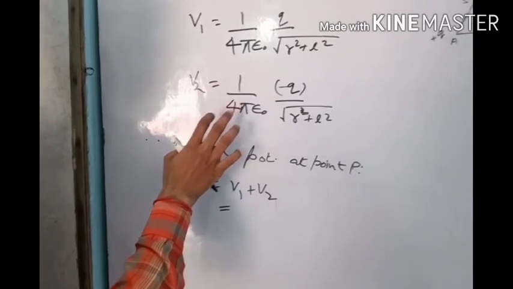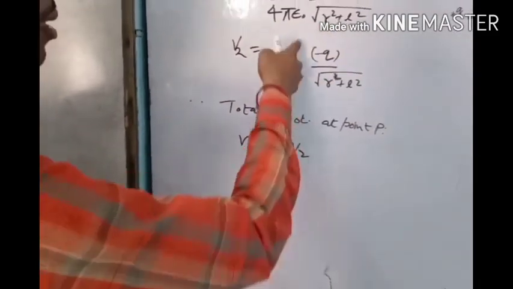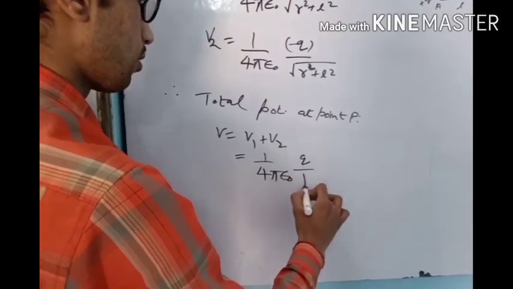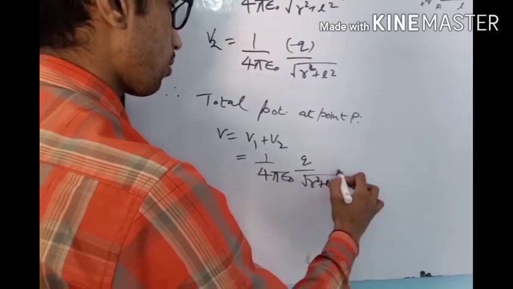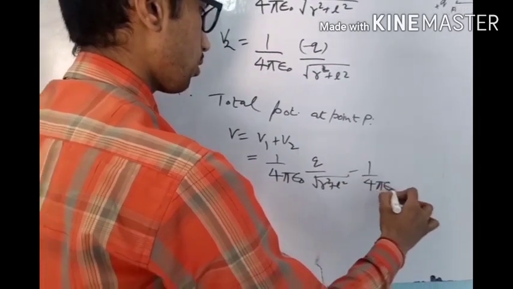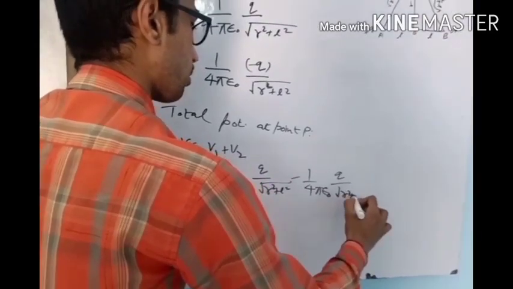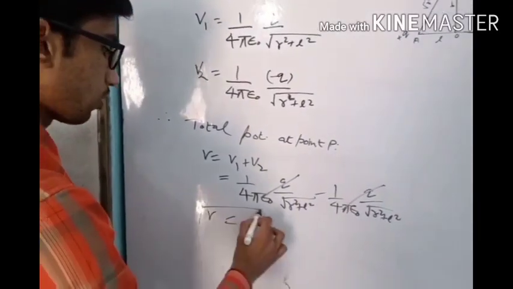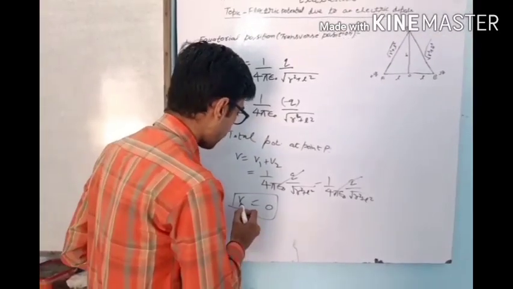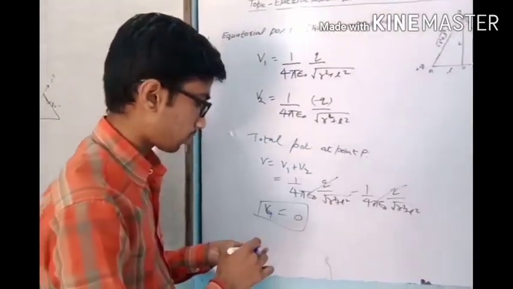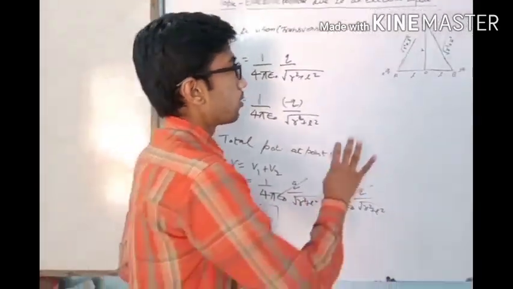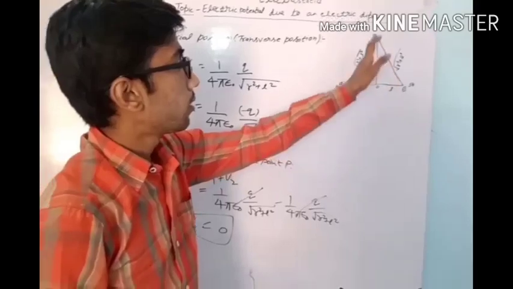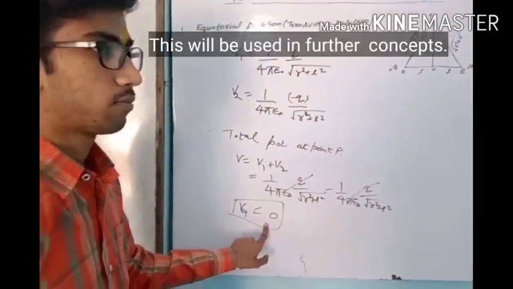These two are the same in magnitude but opposite in sign, so they will cancel each other. 1 over 4 pi epsilon naught Q over under root R square plus L square minus 1 over 4 pi epsilon naught Q over under root R square plus L square, and they will cancel. Then the potential is 0. You must note that it is an important condition: all the points on the equatorial plane will have 0 potential.